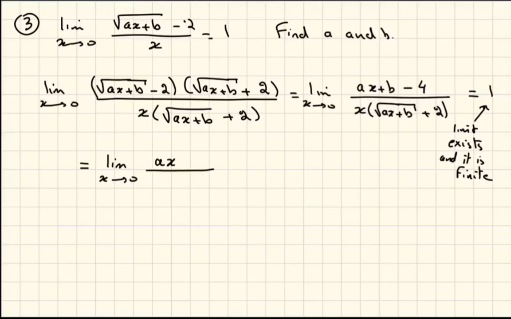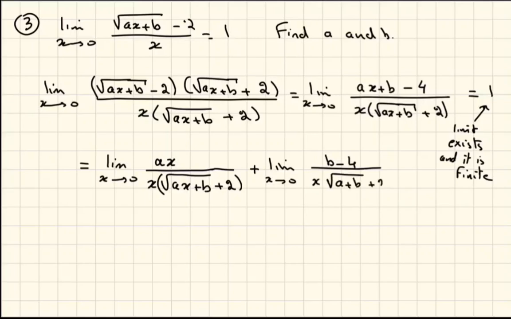I will take the term with x alone, plus the limit as x approaches 0 of the other part alone. Now you are allowed to separate a fraction, if you remember. And if I have x plus 2 over 5, I can write it as x over 5 alone plus 2 over 5 alone. And this is what I did. I took ax alone and b minus 4 alone.